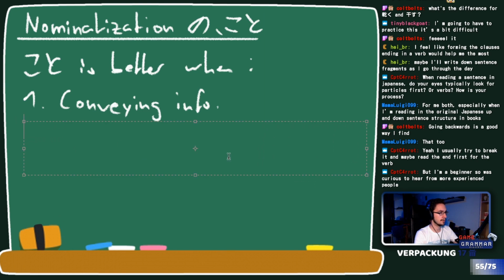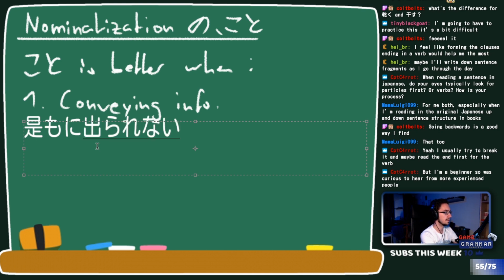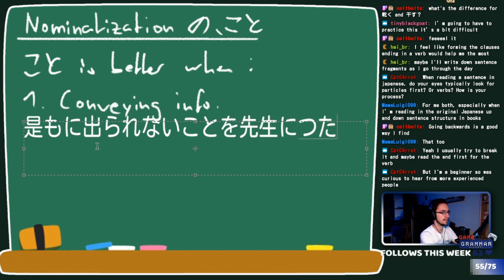We will use this one here. Zemi ni 出られないことを先生に伝えてください。Alright, good.